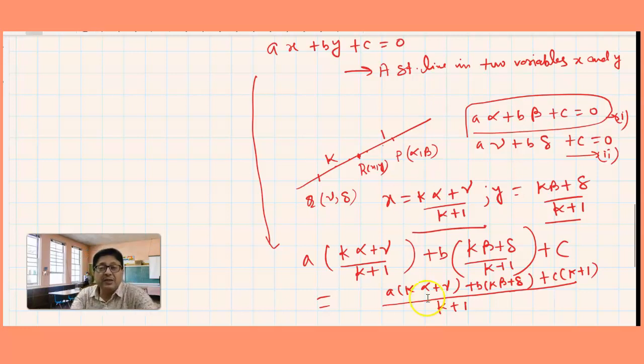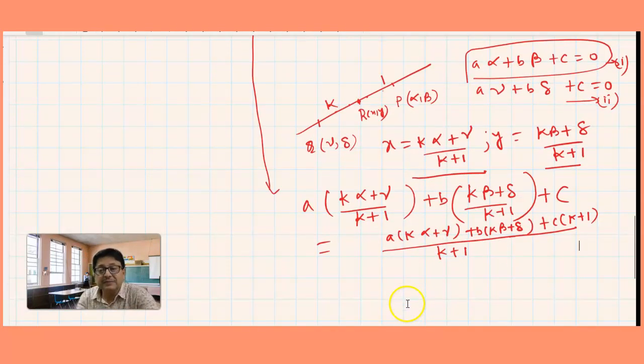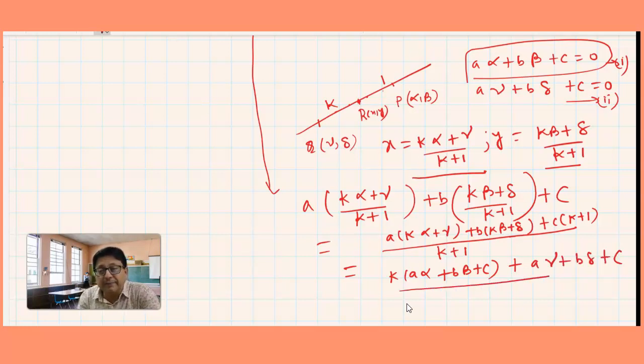By taking k plus 1 as the LCM, we are getting this. And then from the first terms, ak alpha, bk beta, ck, if we take k as common, it is k times a alpha plus b beta plus c, plus a gamma plus b delta plus c, all by k plus 1. But alpha beta and gamma delta are points on the line and they are obeying this condition. This is the second condition; the first condition all of you can see. So what is going to be?